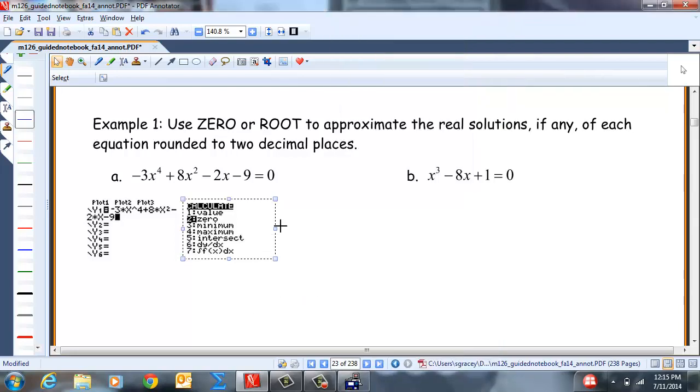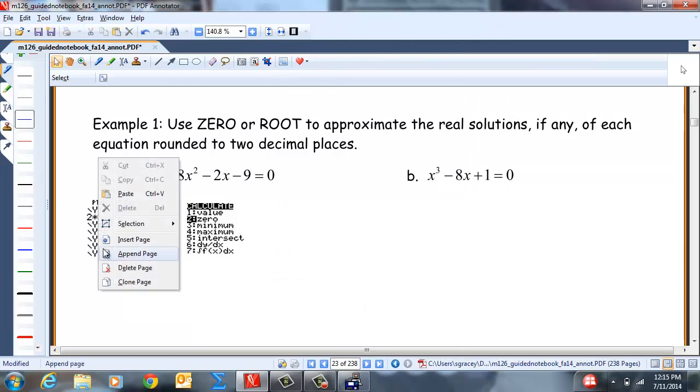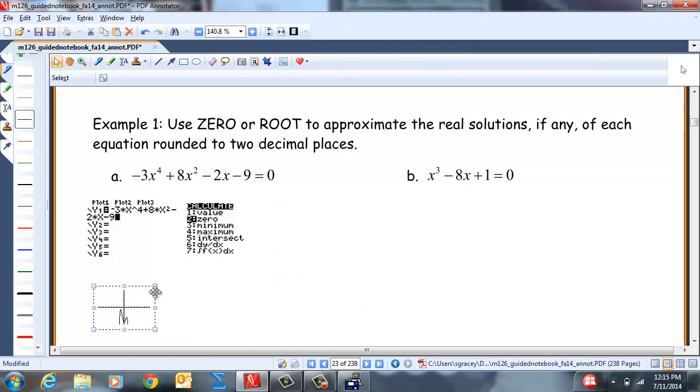Sometimes you don't see the whole thing, but this one turned out to be a good picture. So we would say there are no x-intercepts. If you were solving this equation algebraically, you would get probably 2 to 4 imaginary results.